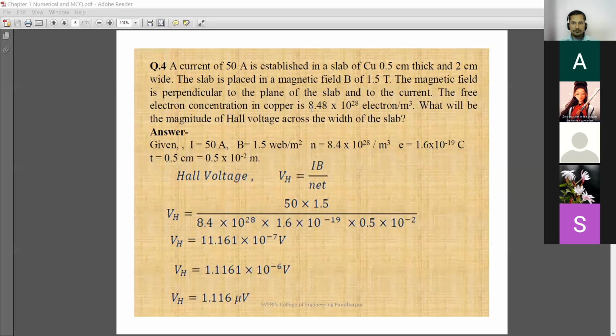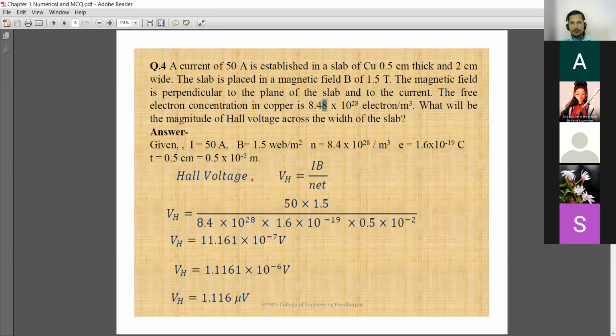Okay, so here we have to calculate these things, but first check what are the given things. Current is 50 ampere, then B is 1.5 Tesla or 1.5 Weber per meter square, no problem. Then n is 8.4 into 10 to the 28 per meter cube, so you can consider this as 8.4 only.